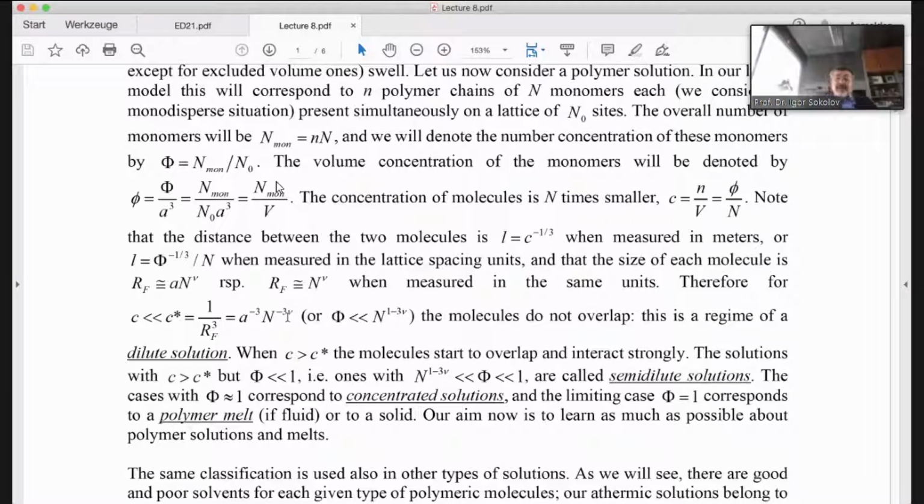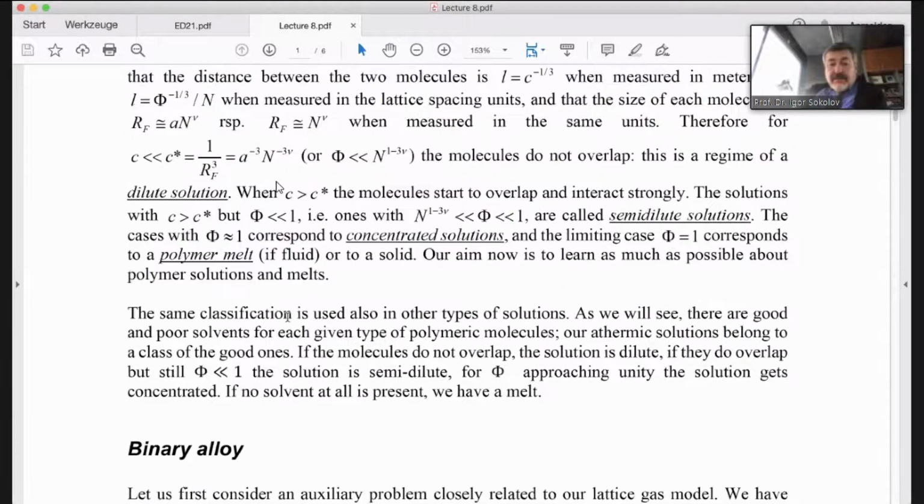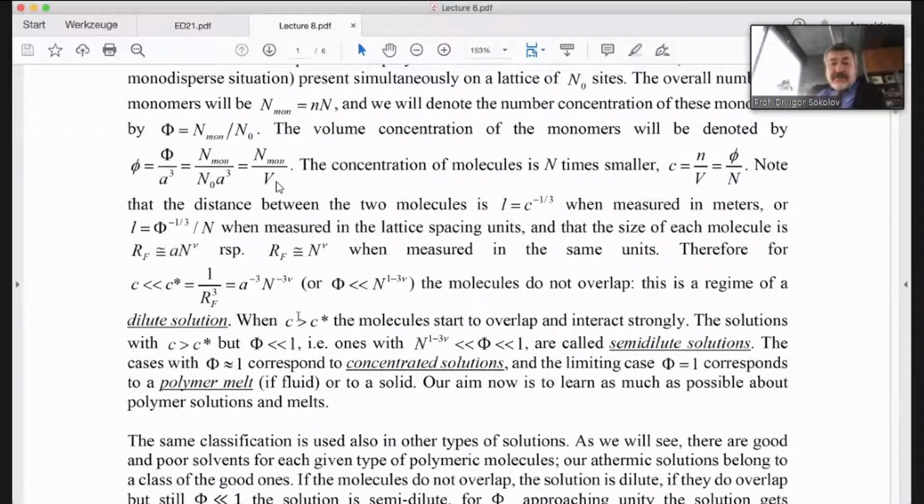If the concentration of polymers is smaller, they do not overlap. If it is larger, they do overlap. And the concentration of monomers is essentially the same multiplied by N. So maybe I have a formula here, yes, it's here essentially.